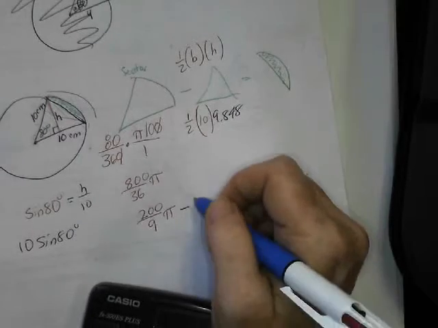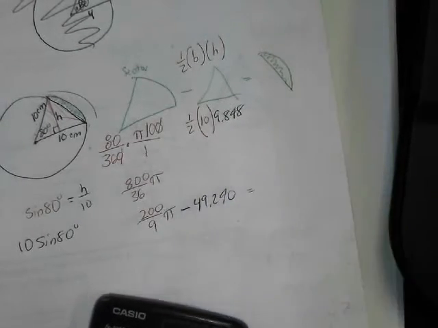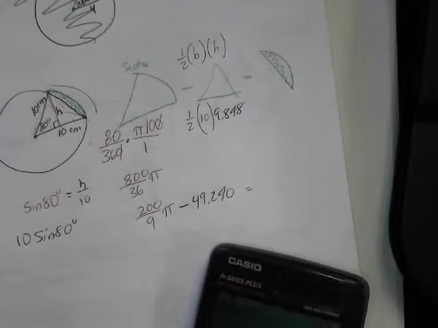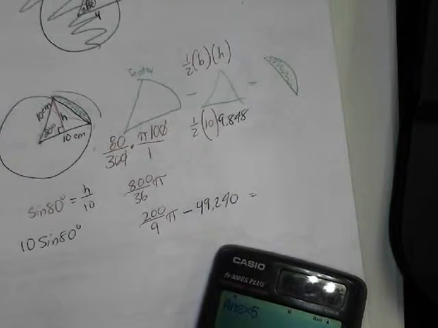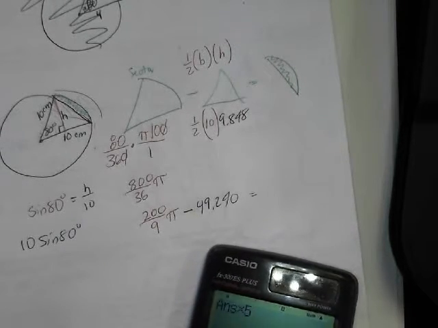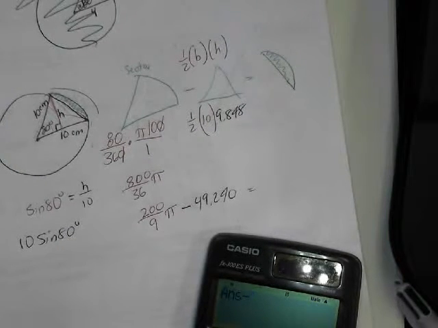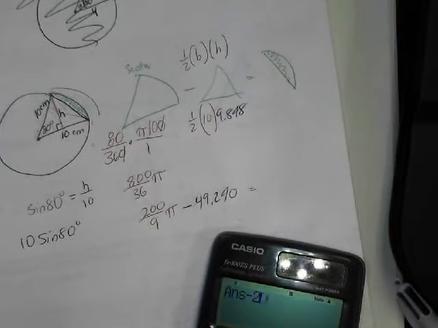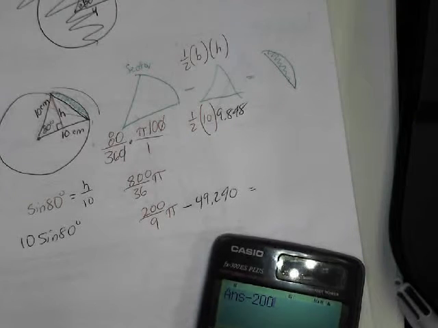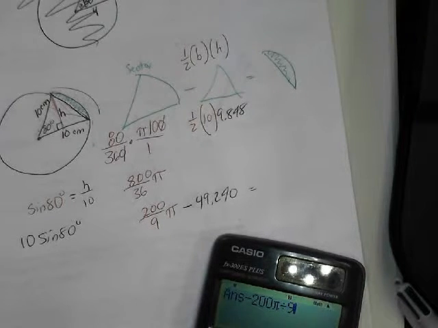So I think what I'm going to do is cheat, and I'm going to take that and subtract the 200 over 9 times pi, and it'll give me a negative answer, but I'll know what to do. So it's not really negative though. Did anybody get 20.57-ish?